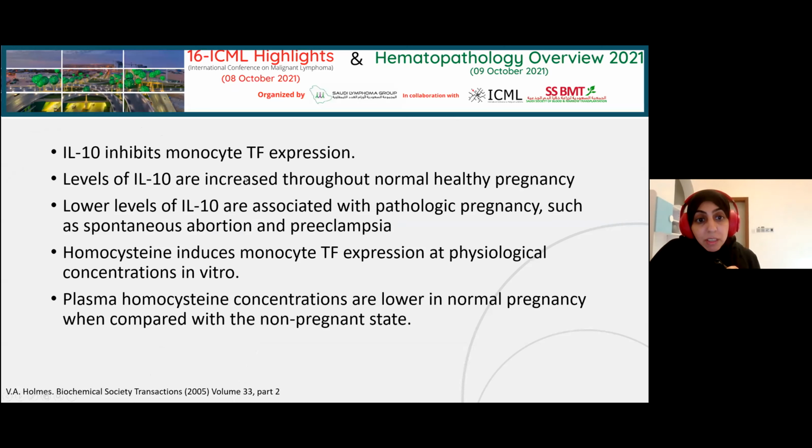A lower level, in contrast, is found in preeclampsia. Homocysteine has also been found to induce monocyte tissue factor expression at physiological levels, and it is reduced during normal pregnancy.